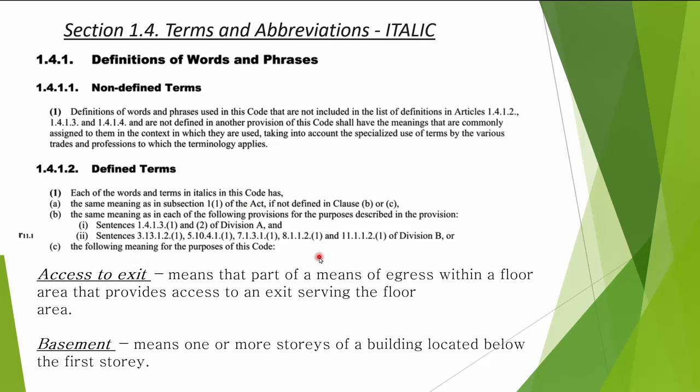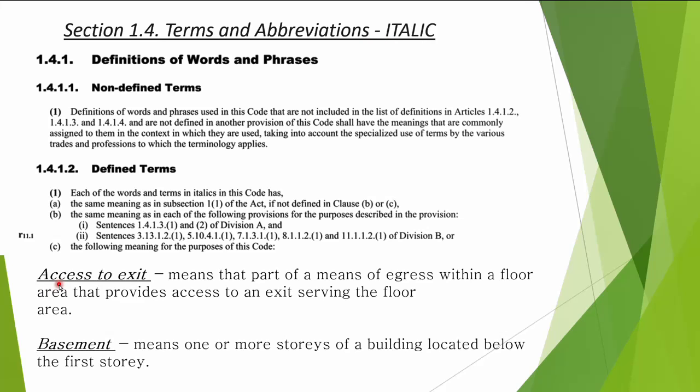Now let's look at section 1.4 in the Building Code Act, terms and abbreviations. Very important. Where do you find this? Section 1.4 of the Act. Now 1.4.1, definitions of words and phrases. Sometimes when you're reading the building code, you might see words like access to exit in italic form.